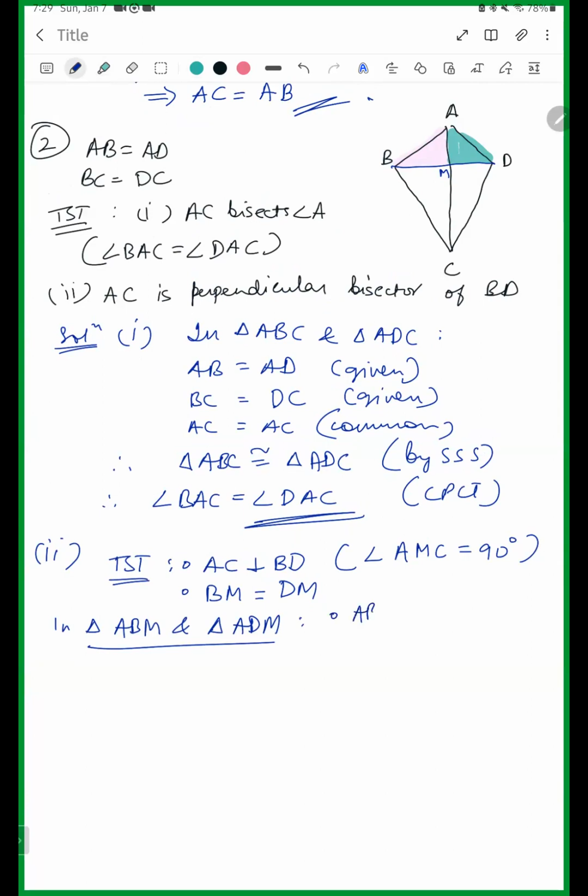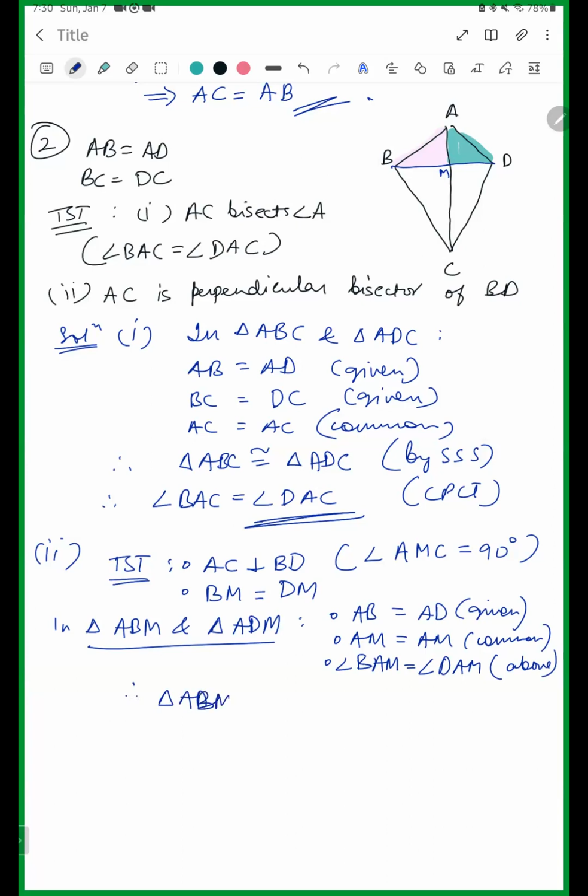AB is equal to AD given, AM is equal to AM common, and angle BAM is equal to angle DAM shown above. Therefore, these two triangles are congruent by SAS: side, angle, side.